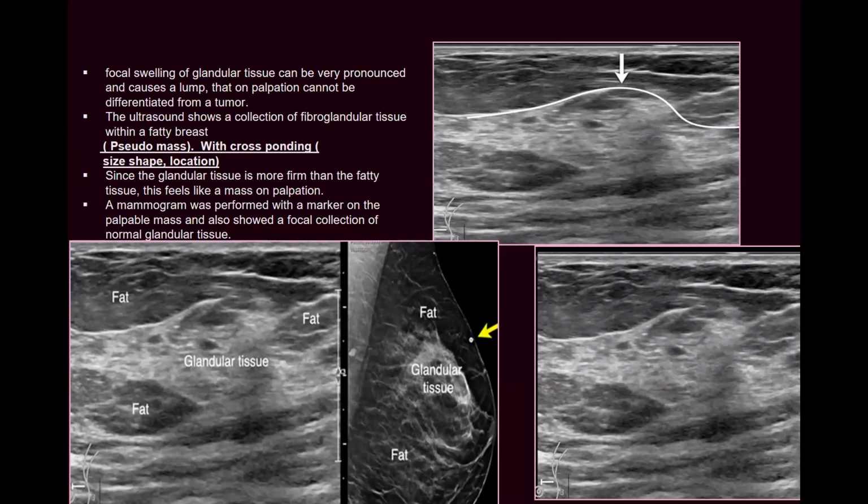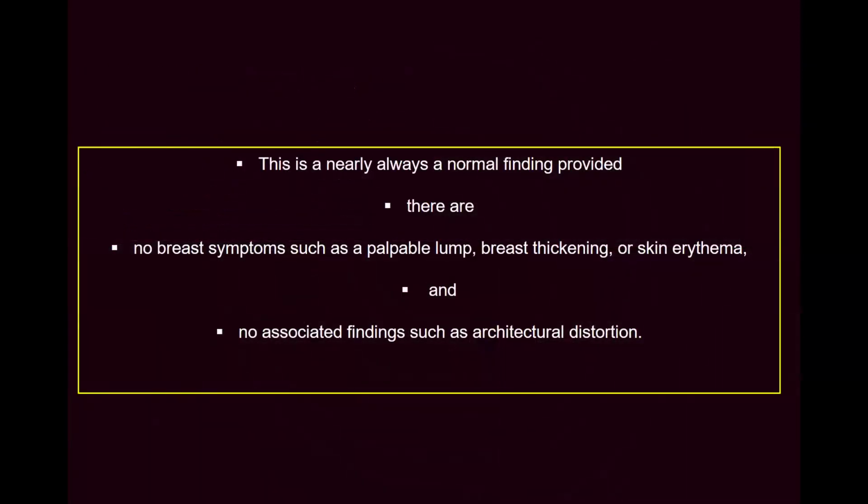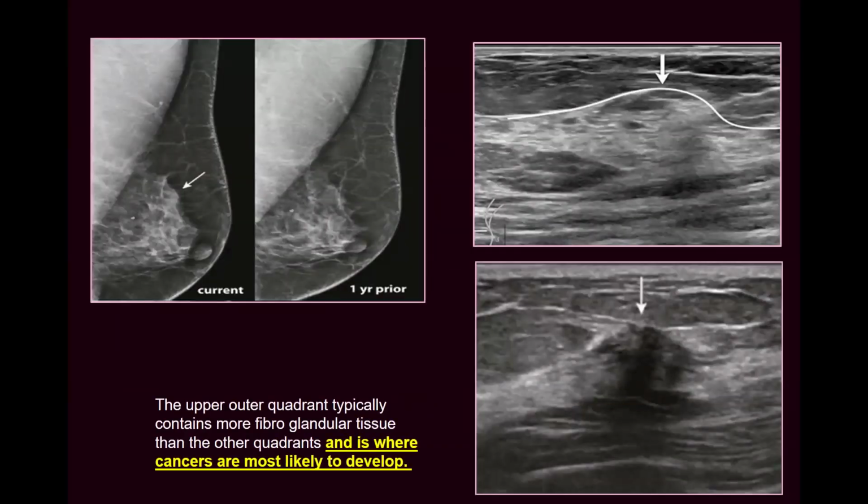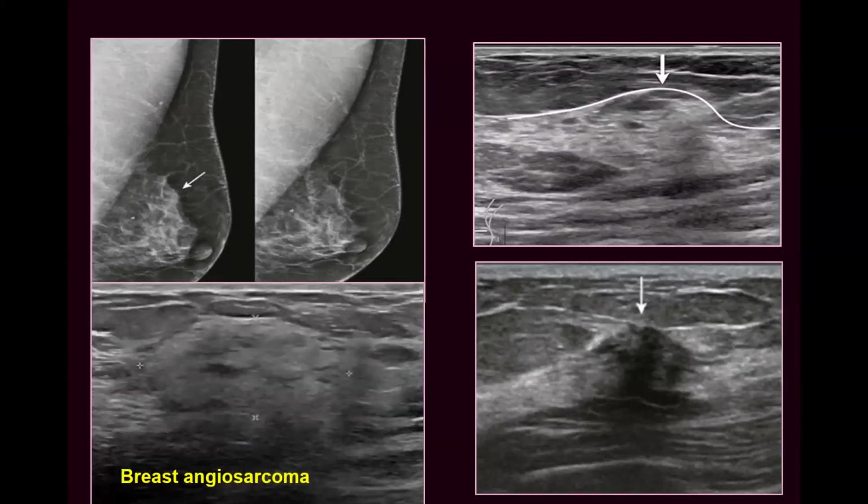It is only glandular, but we have to be cautious because sometimes, if it is associated with any clinical abnormality or any subtle distortion or abnormal vascularity, we have to be cautious. This is the previous example, and this is another example. Here there is no mass, but there is altered echogenicity and subtle distortion. So that is suspicious. When correlated with mammography, there is a developing asymmetry. So it was a cancer. So we have to be cautious.